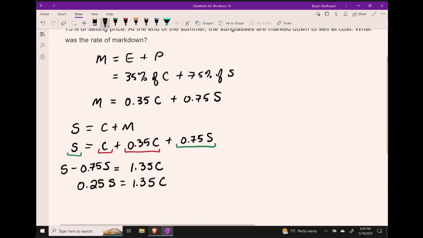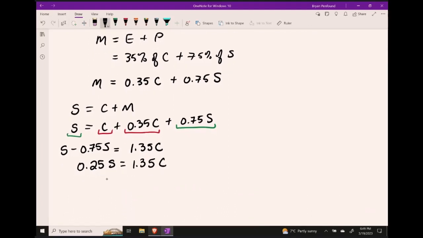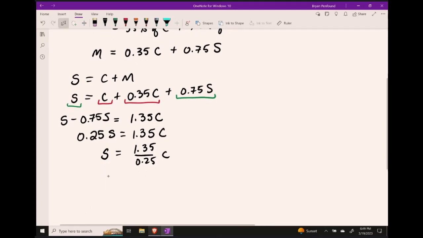But this is not quite as helpful as we need, so let's divide both sides by 0.25. And what we're going to get if we do this division is that S is equal to 5.4 times C, or that the selling price is 5.4 times as large as the cost price.